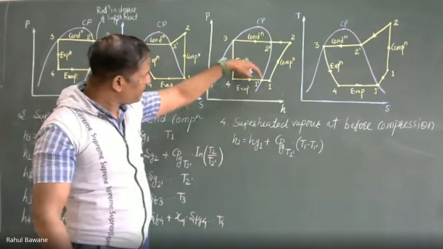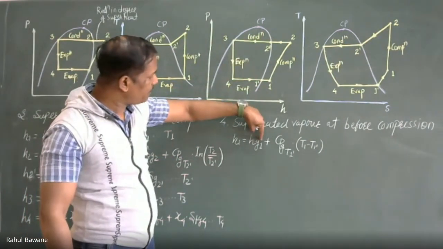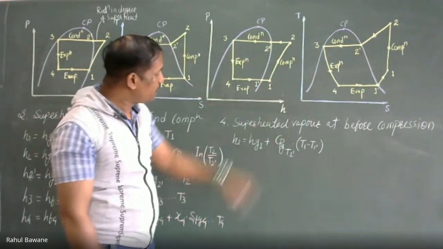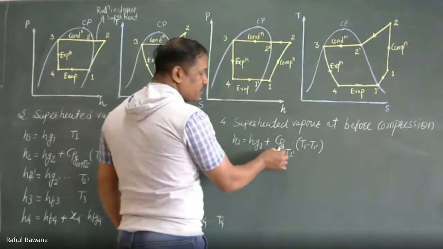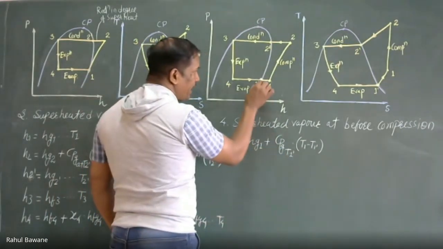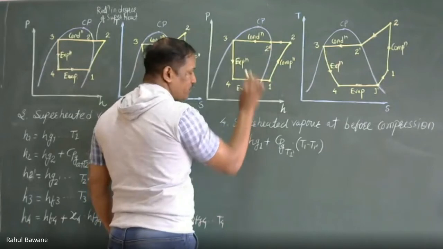So it is enthalpy Hg1 plus Cpg, where we calculate the specific heat of this vapor at the point on the dry saturated curve.